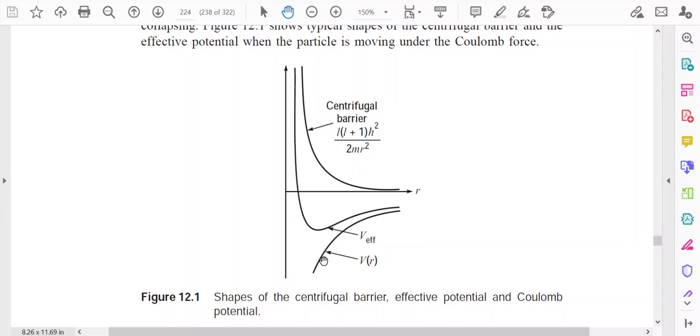It is generally negative, and it becomes 0 at infinity. If we write V(r) plus L(L+1)ħ² by 2mr², that is V effective. So V effective is the resultant of these two curves: this is the first curve, this is the second curve, and the middle curve is V effective, the resultant of the two expressions.